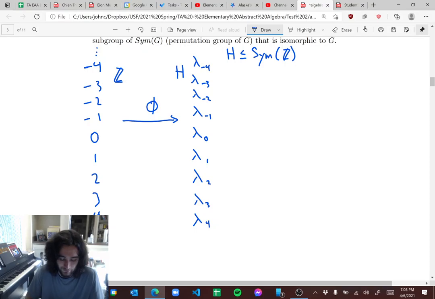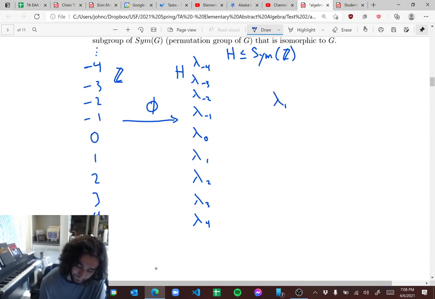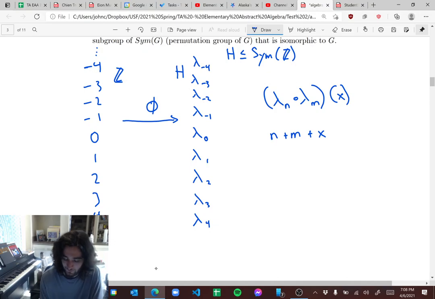So you don't really need to work it out, but you could say lambda n composed with lambda m on x. Well, if you think about what that is, that's just n plus m plus x ultimately, right?